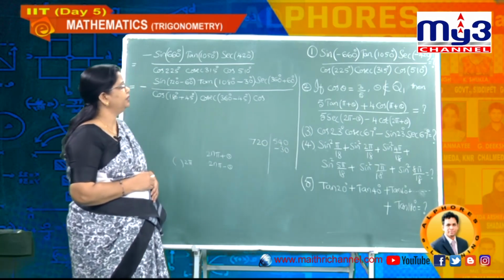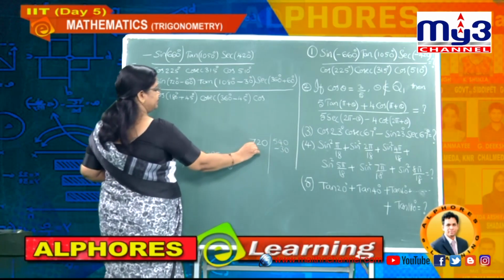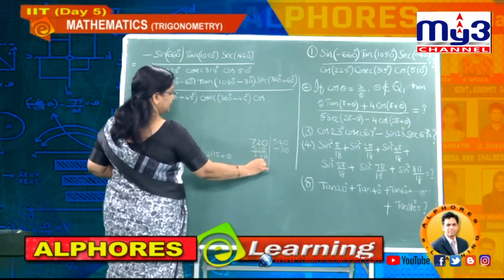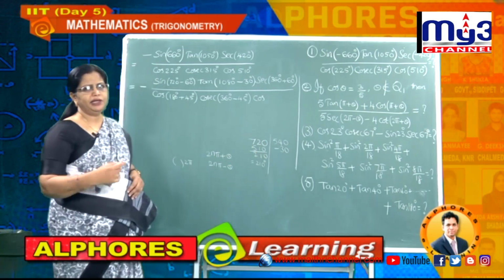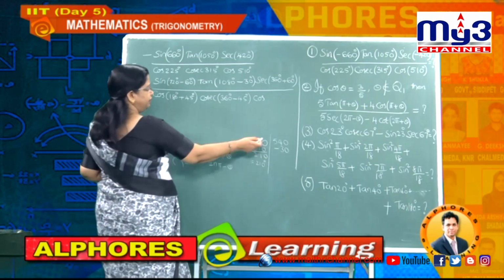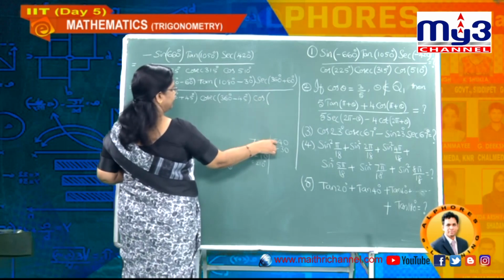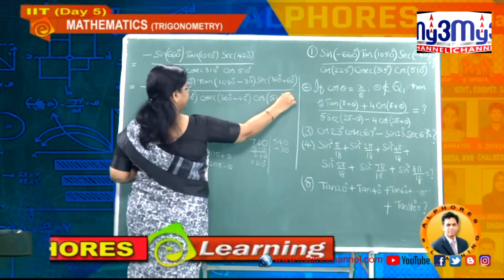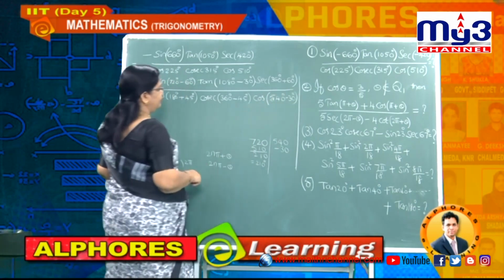Whereas 720, if you subtract 510, what is the value? You get 210. Any of them you can apply. Let us take, it works even if it is an odd multiple also. So I have taken 540 degrees minus 30 degrees.